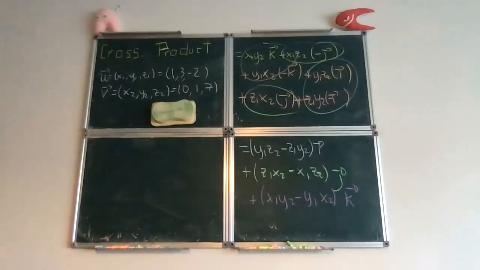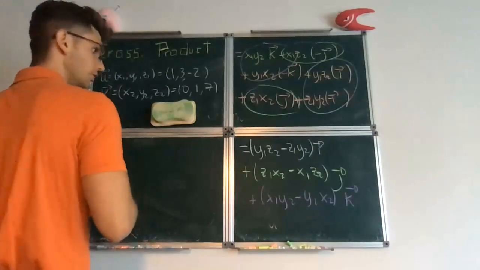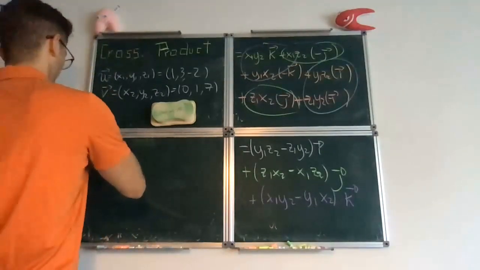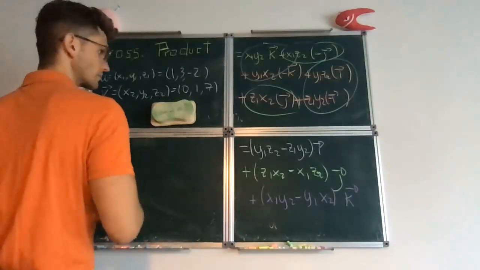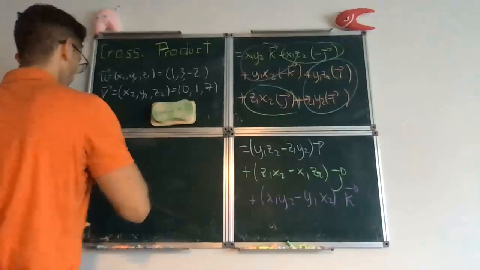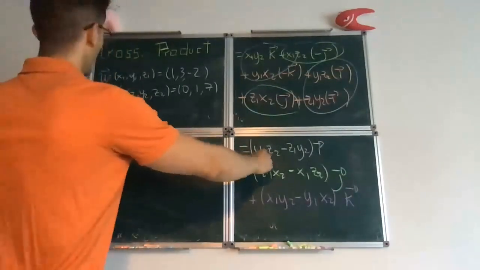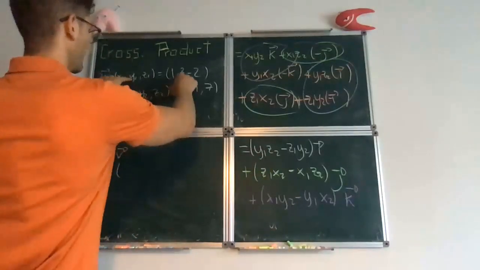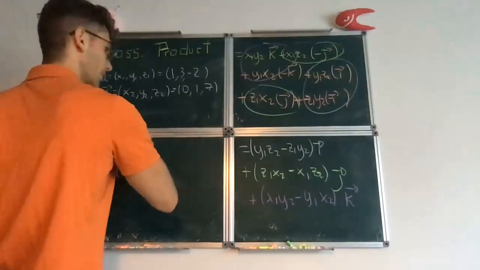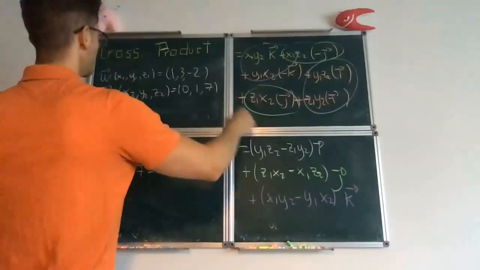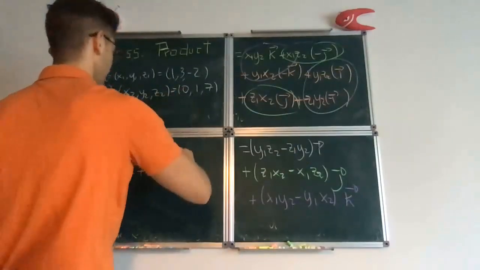So the formula for the cross product u cross v will be, multiplying i, you get y1, which is 3, times c2, which is 7, minus c1, which is negative 2, times y2, which is 1.